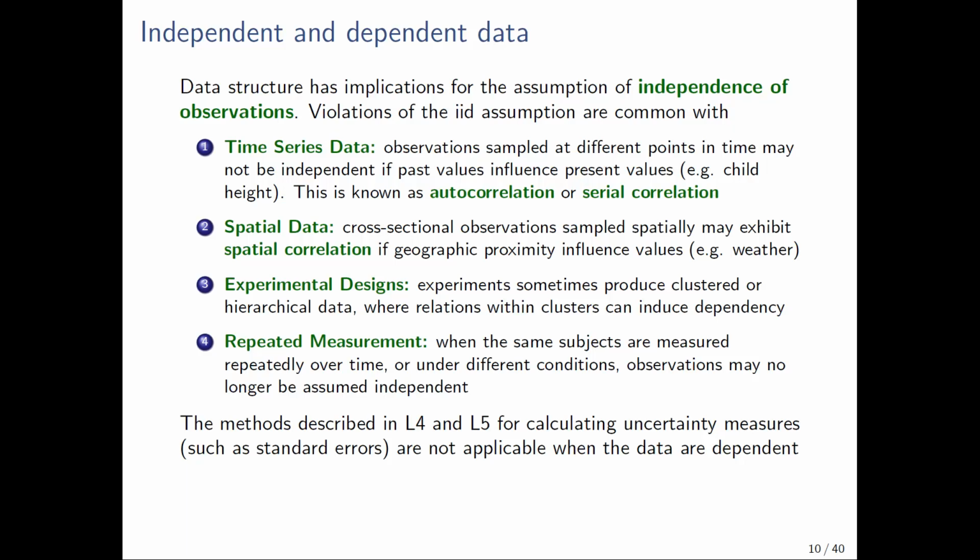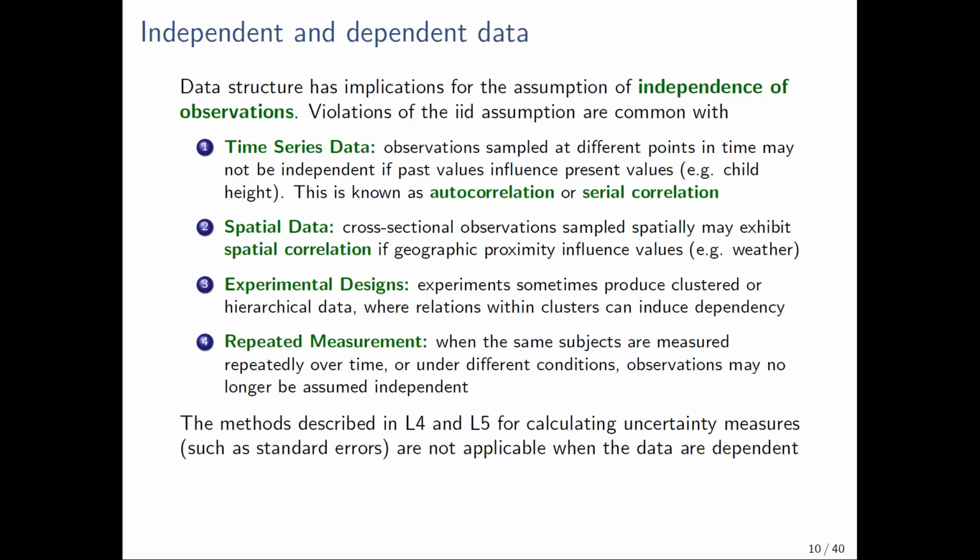Now the key point of this section is as follows. Data structure has implications for the assumption of independence of observations, and violations of the assumption that the observations are IID, that is, independent and identically distributed, are common in four settings.